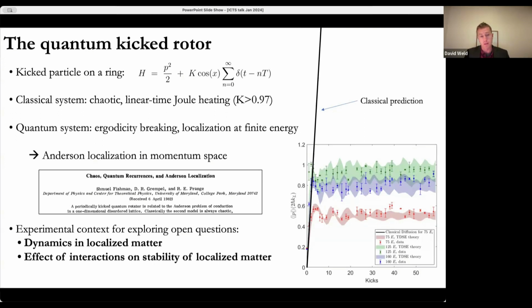That's the quantum boomerang effect. And then second, I want to tell you about our recent experiment on a topic that many people have thought about, which is the effect of interactions on the stability of this particular flavor of localized matter.